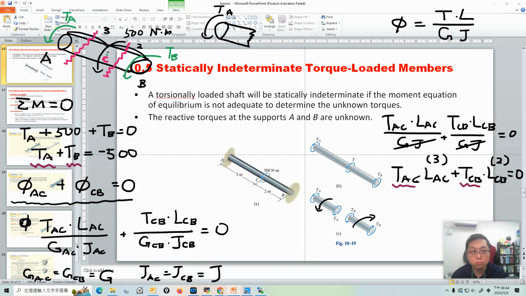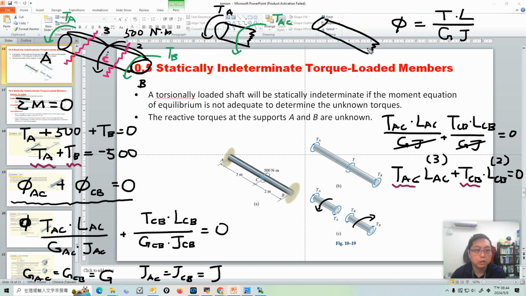Once again, I don't know the direction of the torque in AC, so I just assume everything is counterclockwise. So it's T_AC.